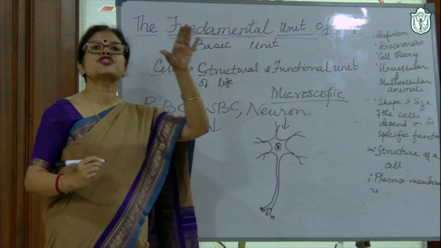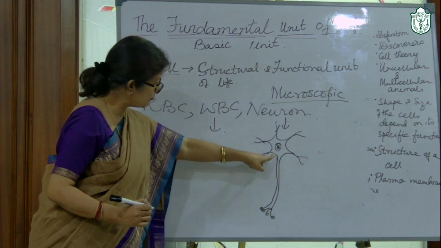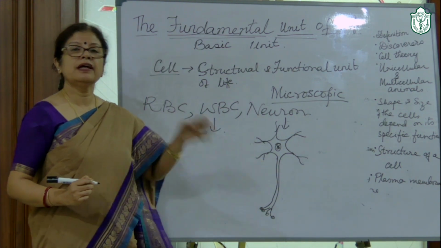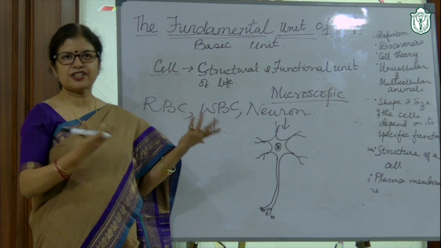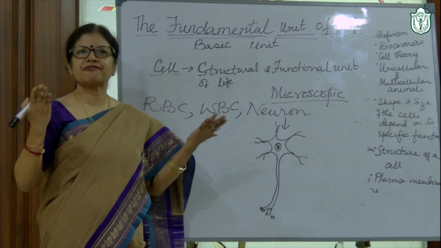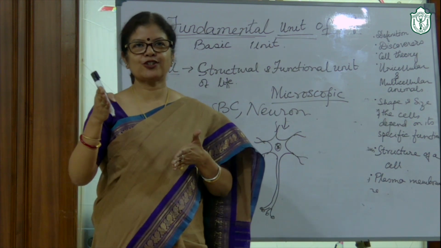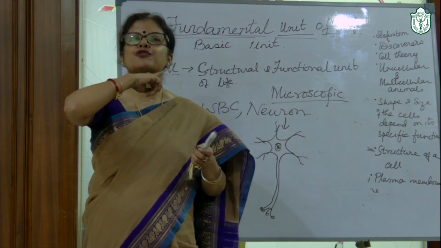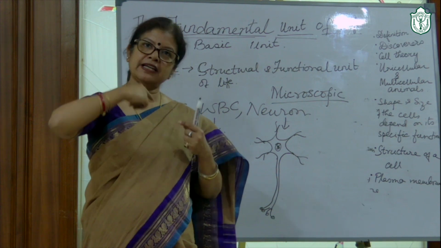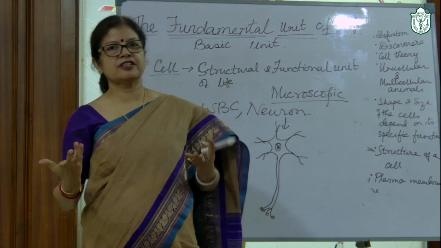Some branches are short, and one of the branches is long. Why is the shape elongated? Because the function of this neuron is to carry a message or to carry the impulse. So to carry anything, if it is elongated, it is advantageous.